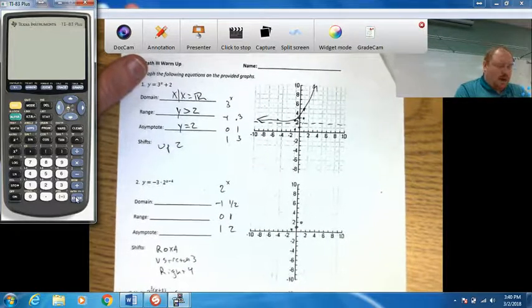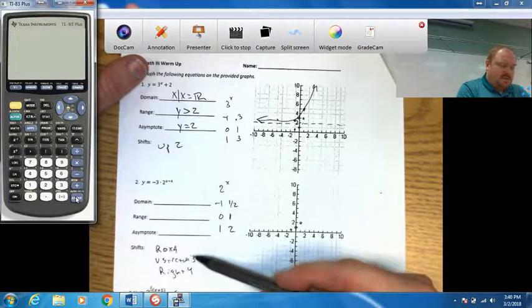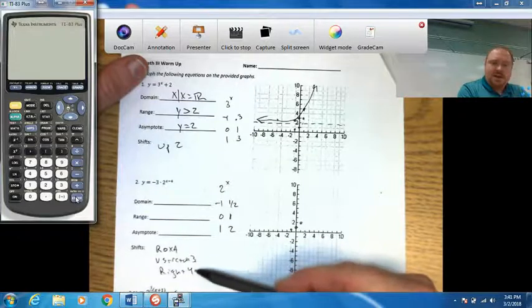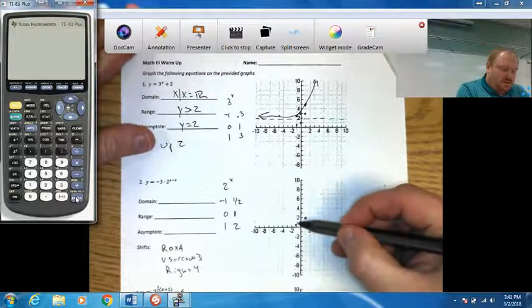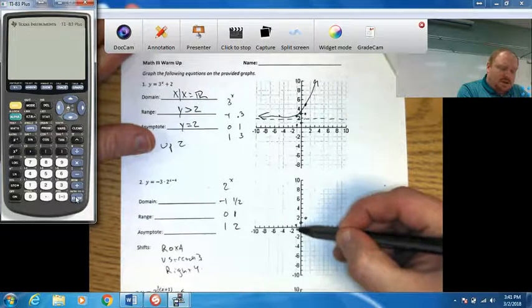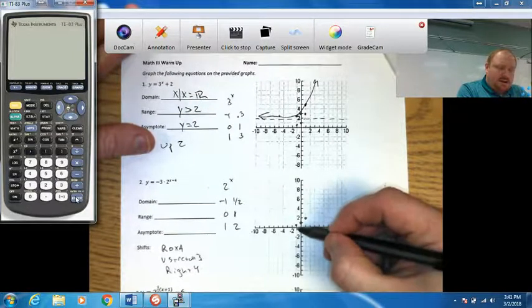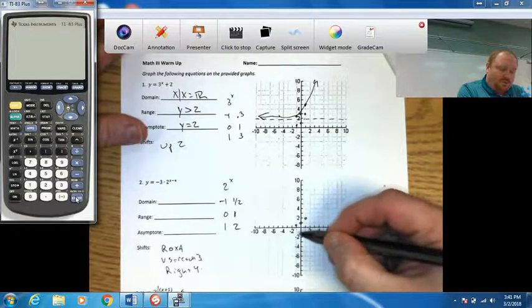But now I'm going to reflect, then stretch it by 3 vertically, and then move right 4. So I'm going to flip this over and multiply it by 3, so it's at negative 0.5, times 3 is negative 1.5.